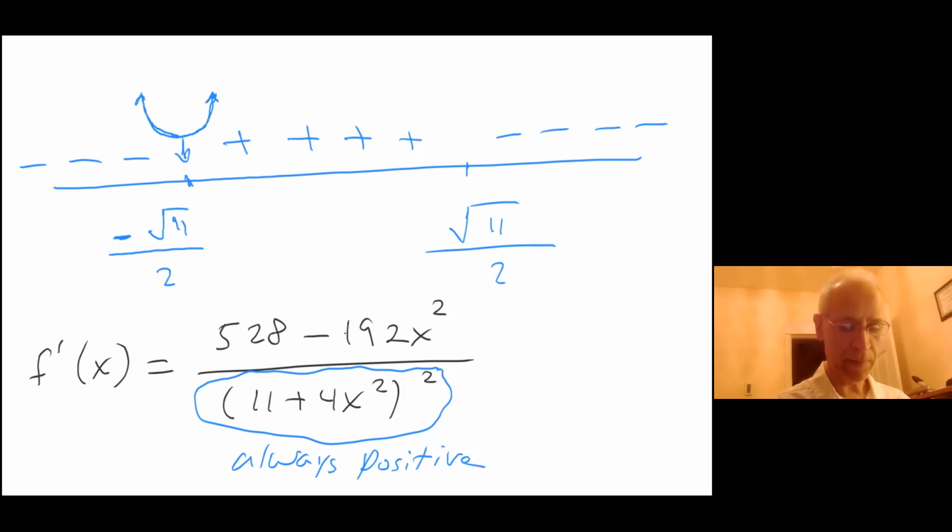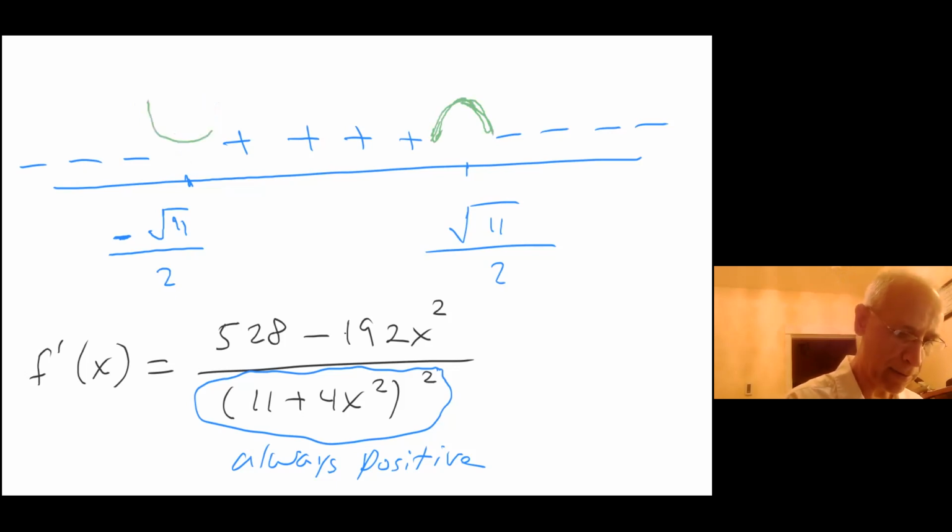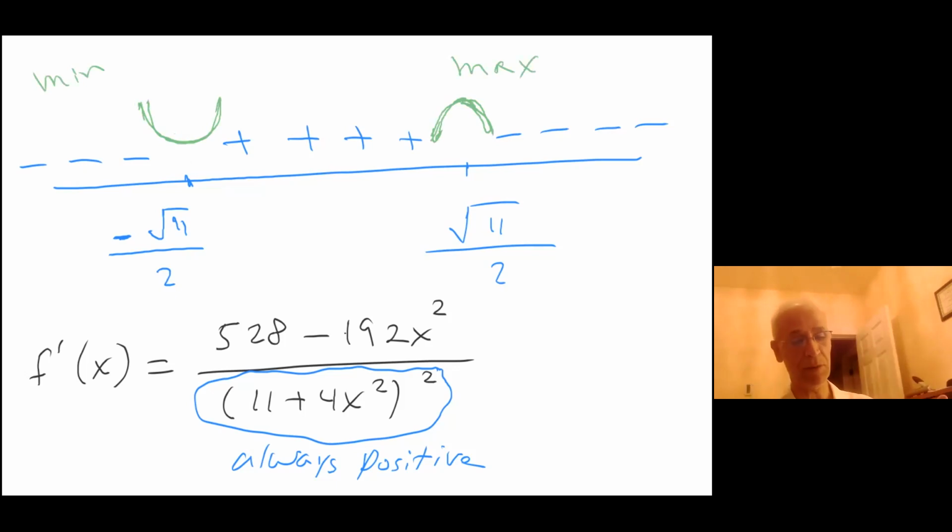And in here they are positive, and then they turn around, and they will be negative in here. So notice that in here I do have a minimum, and here I have a local max. So my absolute minimum occurs at negative root 11 over 2.